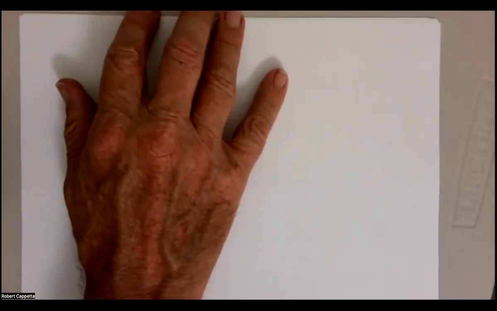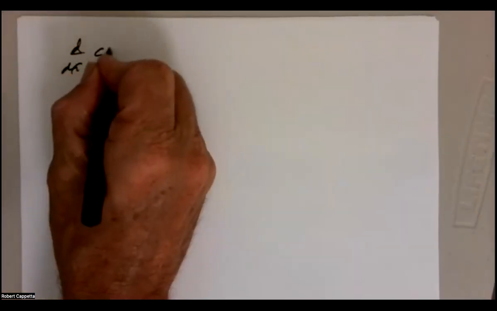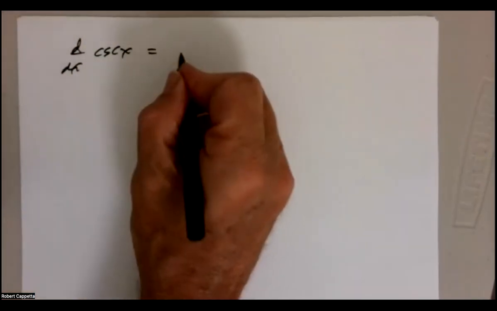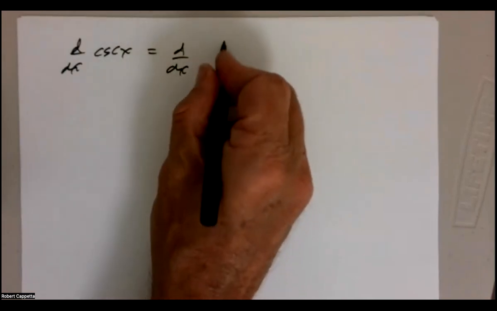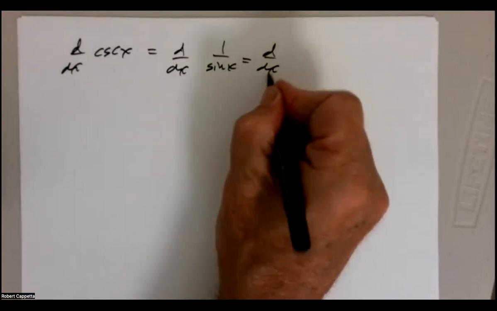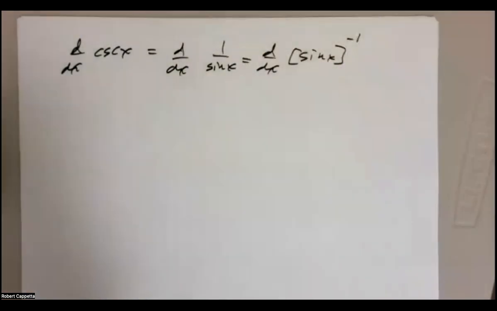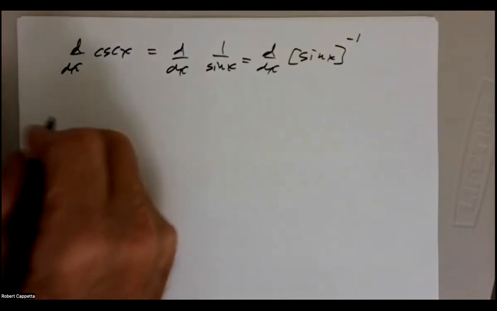It's cosecant x. So how do I use the chain rule for cosecant x? The derivative with respect to x of cosecant x, which is the derivative with respect to x of 1 over sine x, which is the derivative with respect to x of sine x to the -1 power. That's what I'm going to need to use. So let's call that y.